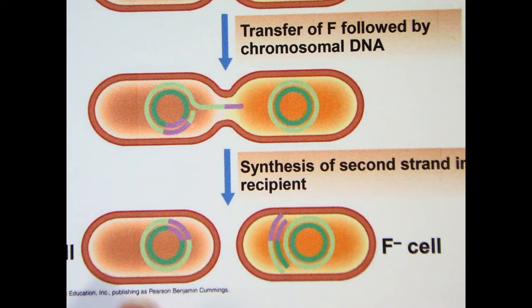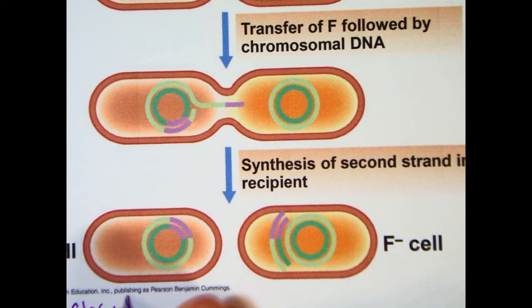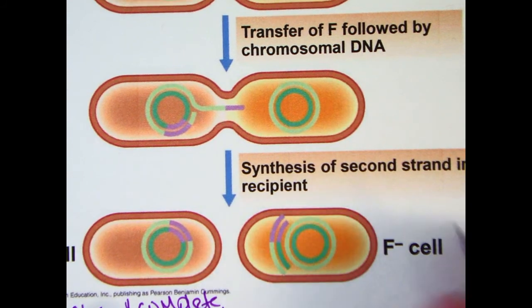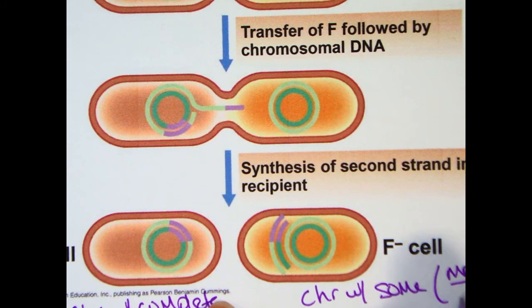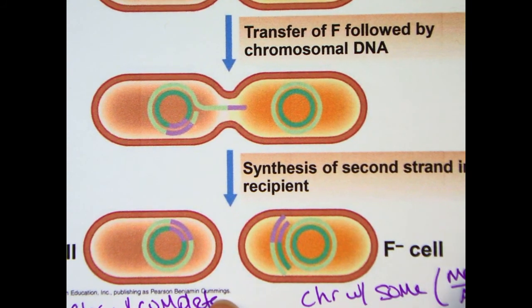So at the end you have HFR, which has chromosome with complete F plasmid, and you have an F- cell, which has chromosome with some, but importantly, not all of the F plasmid.